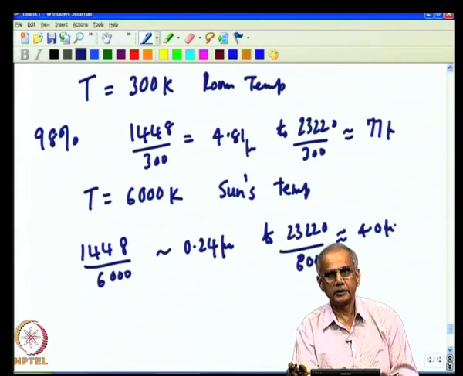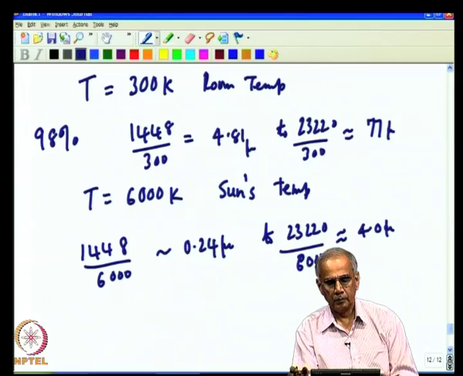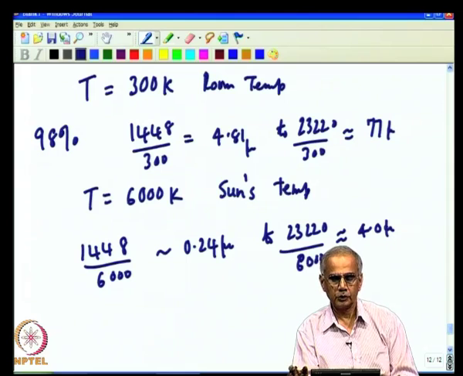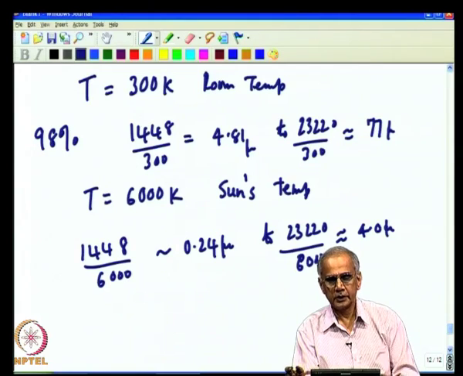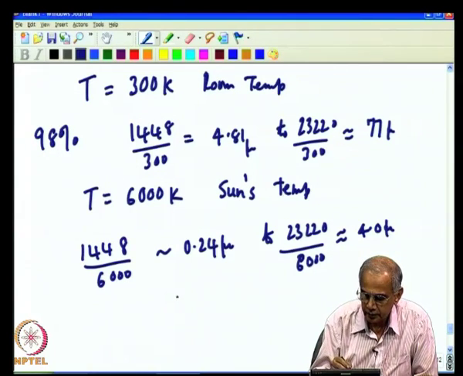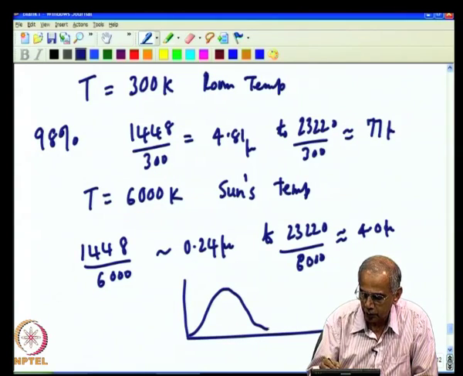So, we can say with some confidence that most of the radiation emitted by a black body at 6000 K lies between 0.25 and 4 micron, while most of the radiation from a black body around room temperature lies between 4.8 micron and 77 micron. What is interesting is that the two are almost non-overlapping.